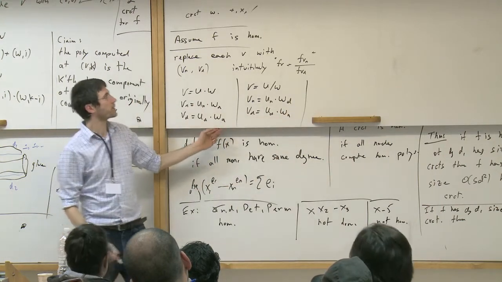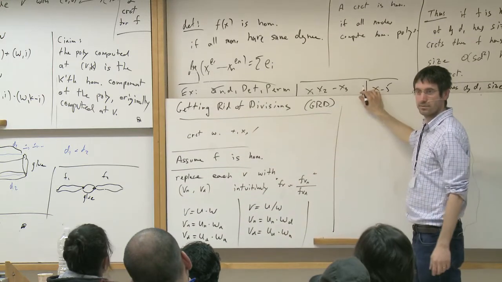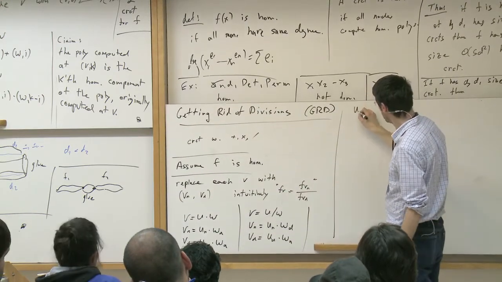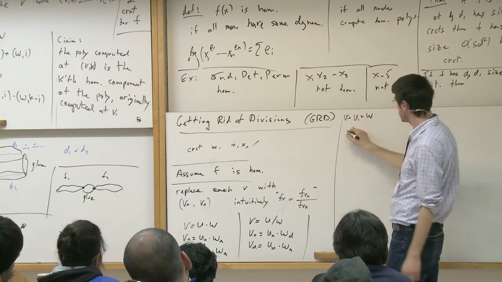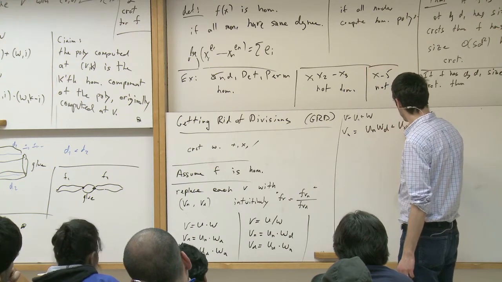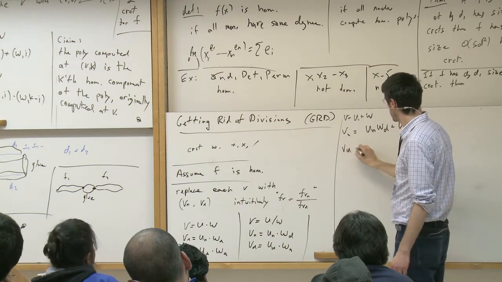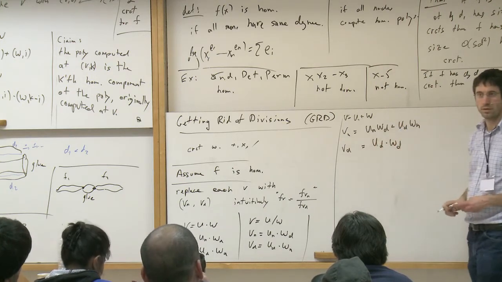That's a lemma, okay? And at an addition gate, if v is u plus w, well, you know what you do, right? The v numerator is UN WD plus UD WN. The denominator is UD times WD. Okay?